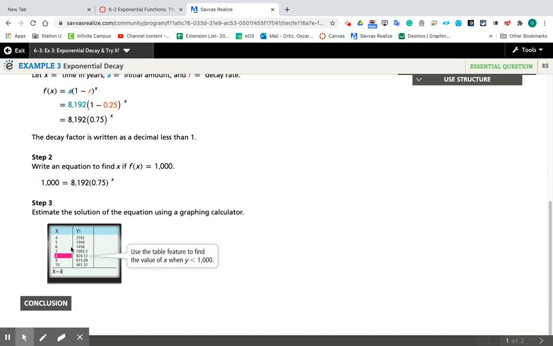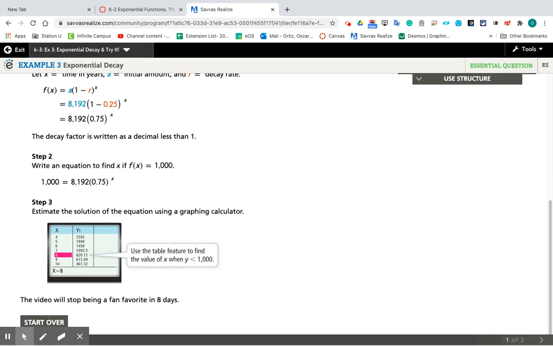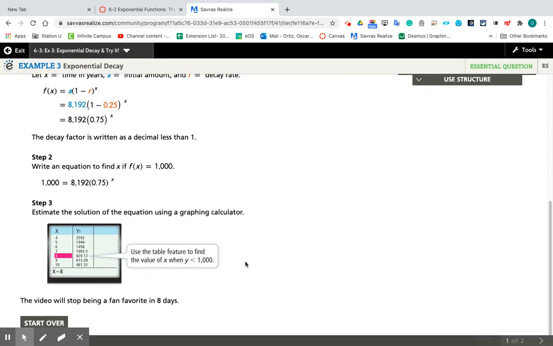You can use the table. At this point, you can use Desmos and graph the corresponding function and then find the corresponding solution to this. So we can see here that when x equals 8, that is less than 1000. So that's when the video will stop being favored, in 8 days. So that's it.